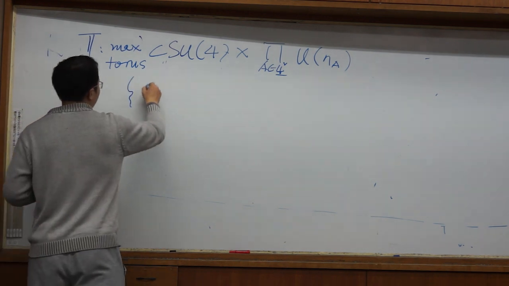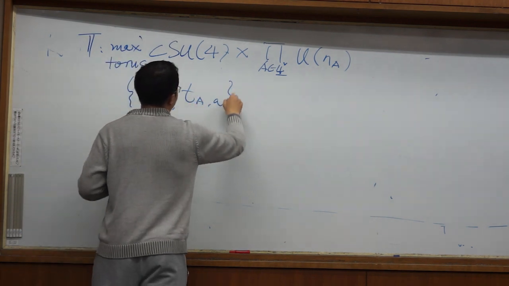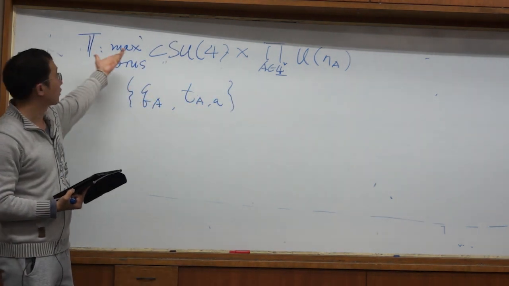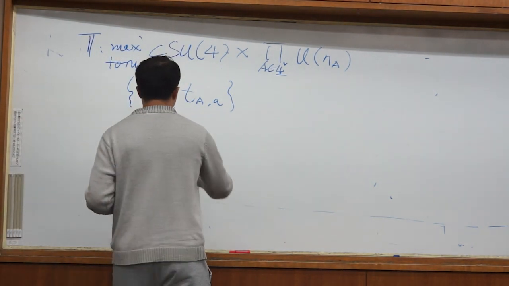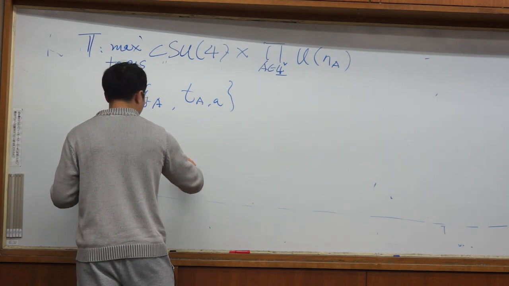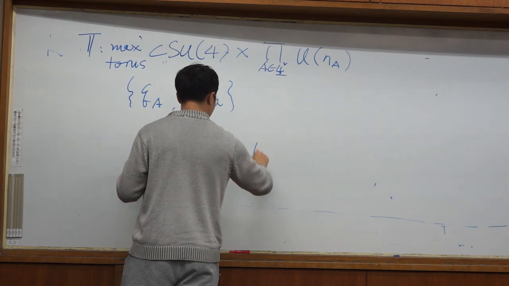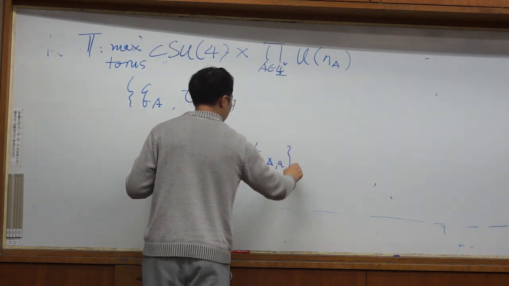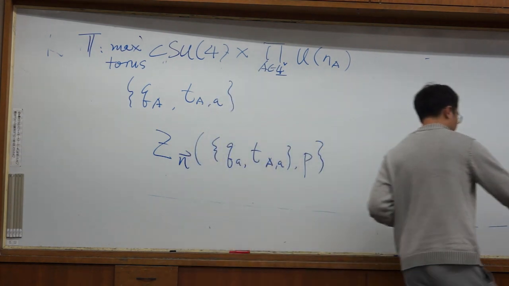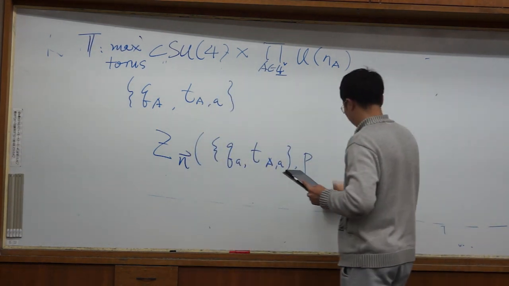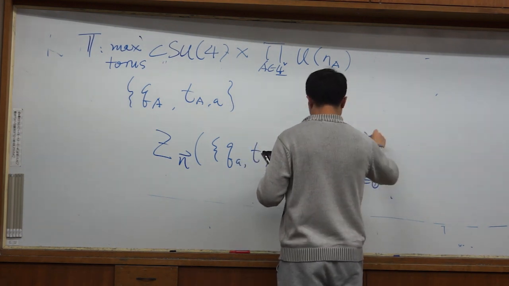I will introduce its Q_a and T_a as the equivariant parameters corresponding to the maximal torus. Then the instanton partition function can be written as a sum over all instantons.